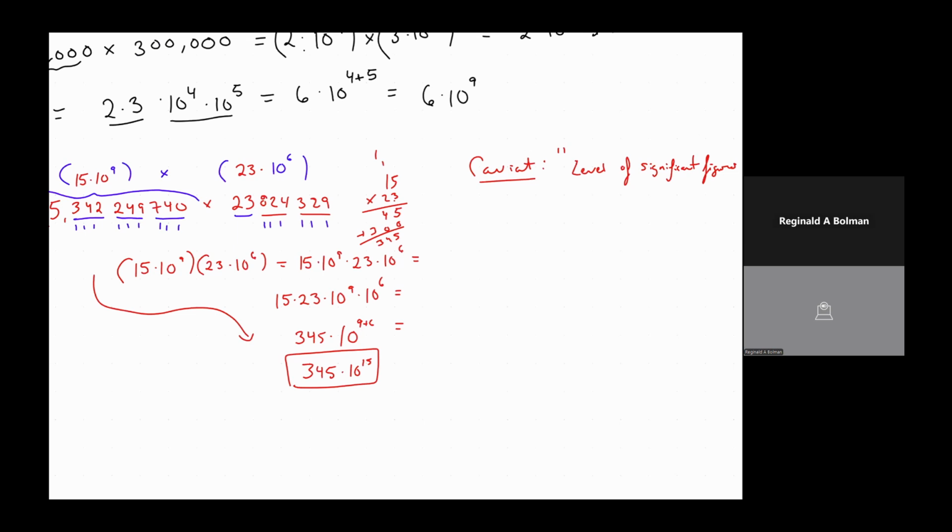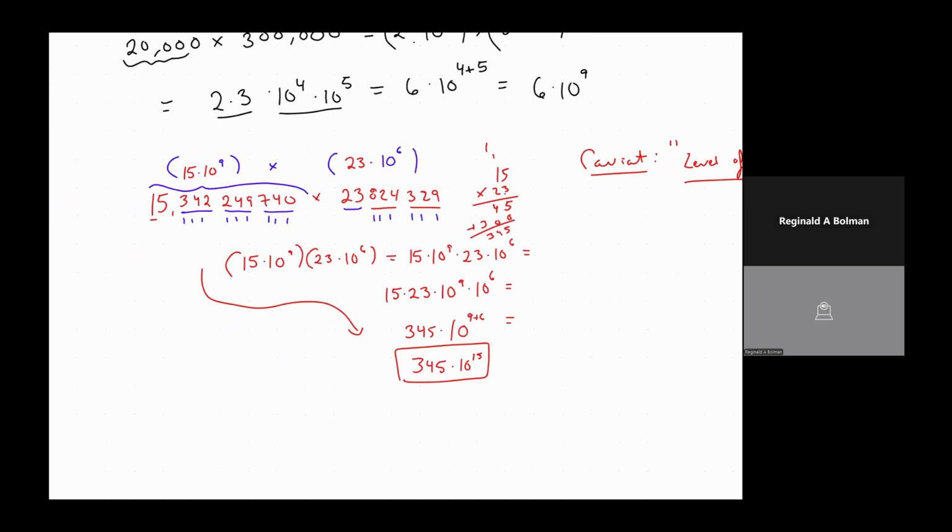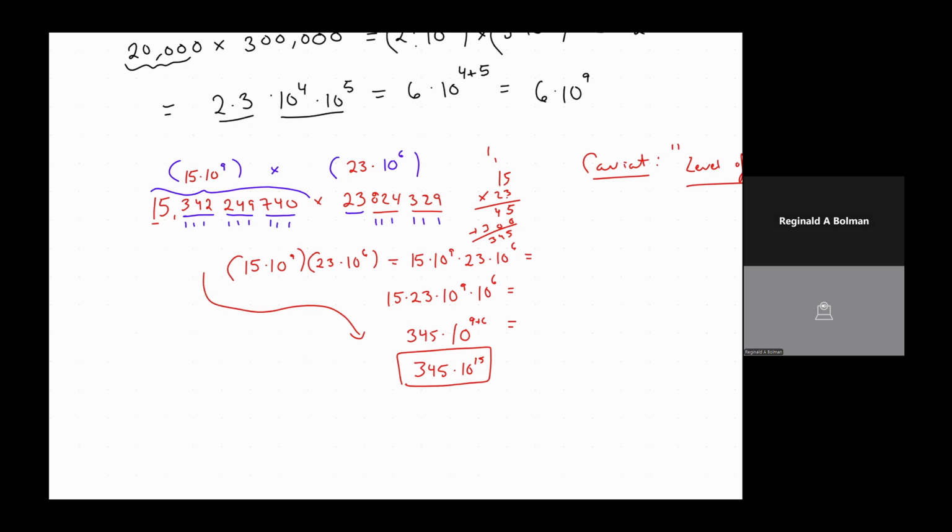And the measuring tool will determine what is known as the degree of significant figures, or the level of significance of a calculation. So what does that mean to you? Well, when I rounded to 15 times 10 to the ninth, what I'm really saying is I have two significant figures here.